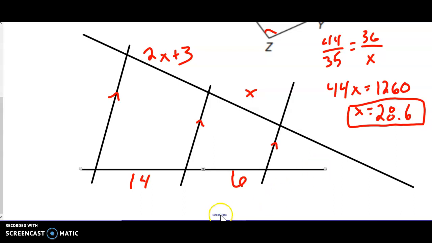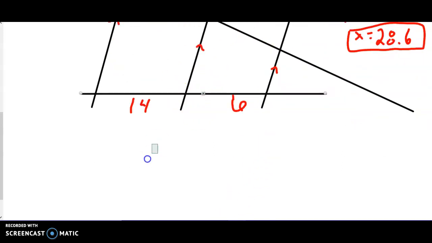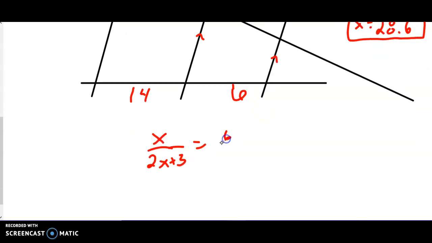So if I set up the ratio, I'm going to take x over 2x plus 3 equals, the side corresponding is the 6 over 14. We could reduce this, but let's just go with it.